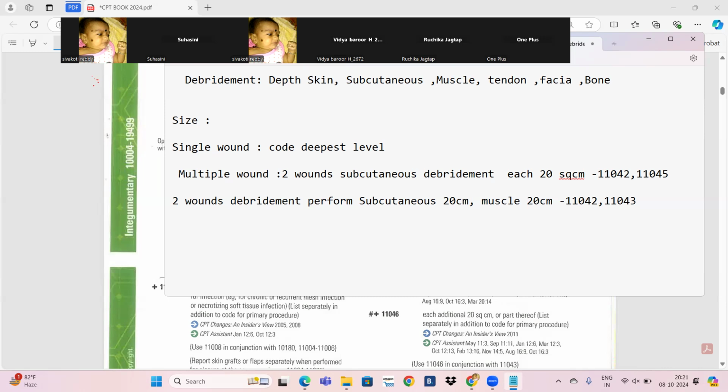Then, patient performed debridement on a certain body part and they won't mention type and depth, can you code or do you need to raise the query? Query for type and depth of the debridement. If they mention type, you need to raise the query only for depth. If they didn't mention type, then you need to query for both type and depth of the debridement. Clear?